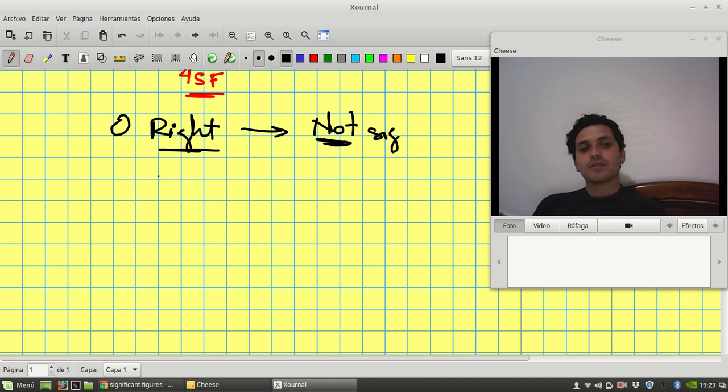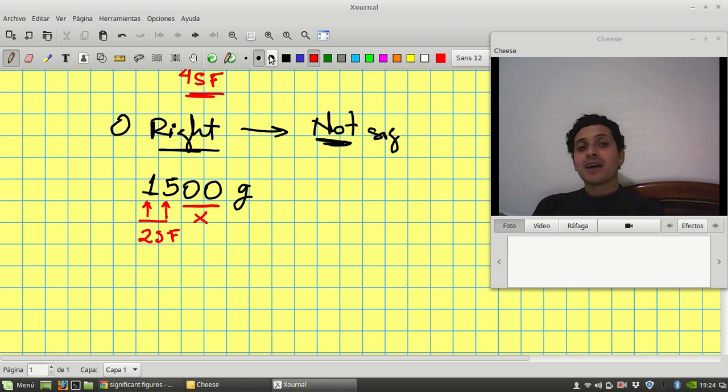So for example, let's say that we have 1,500 grams. The digits different than 0 are significant, but these two zeros to the right are not significant. So we have 2 significant figures.